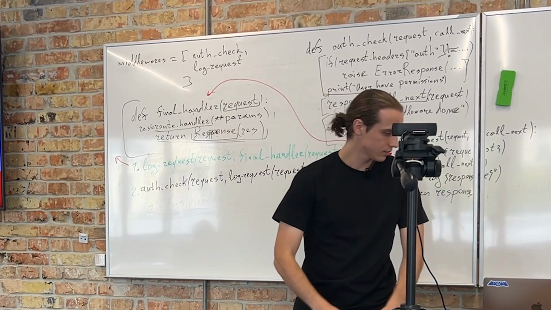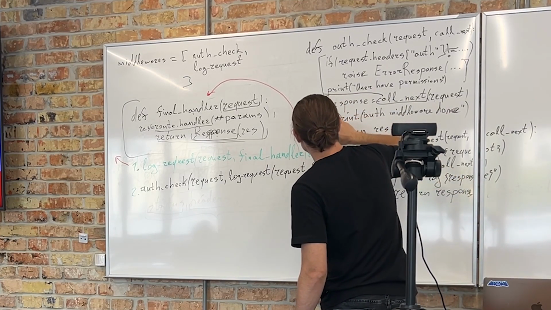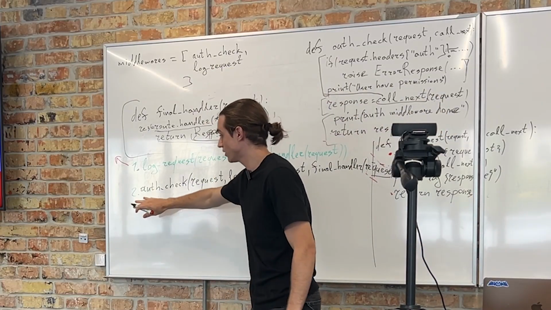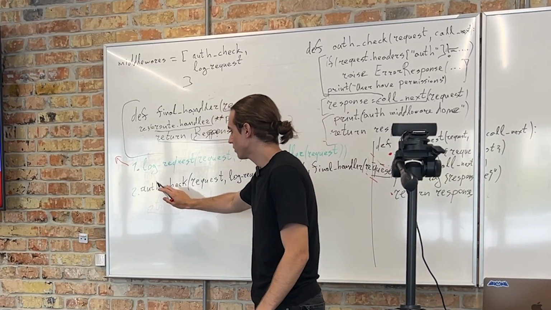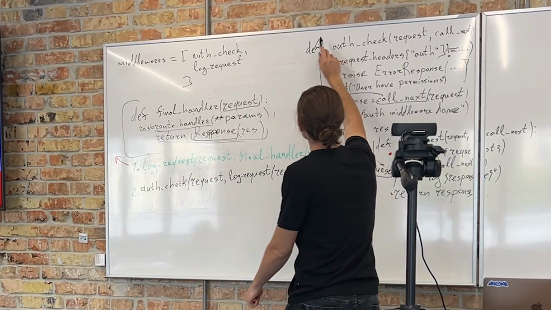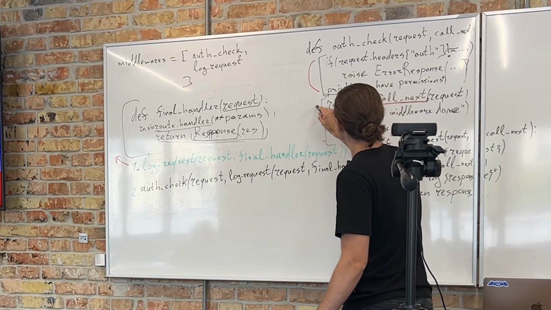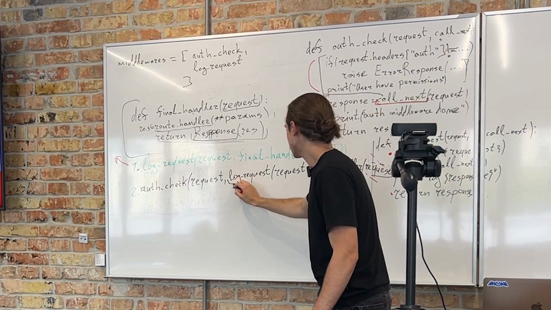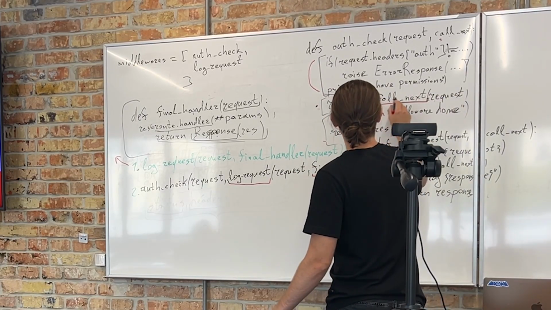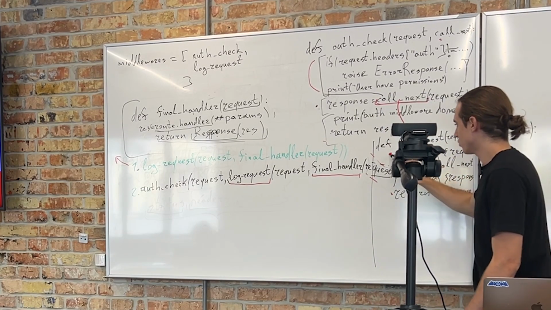First of all, let's remove those red lines and create a new one. We will execute this function and we will run our auth check. So auth check is performing some logic, and then we are calling next. In this example, our call next is our log request that receives a final handler as a call next. So here, call next, we will run our log request. We do some logic here.